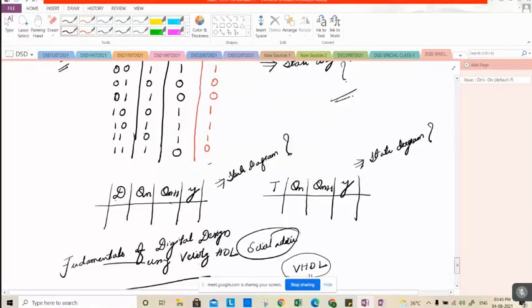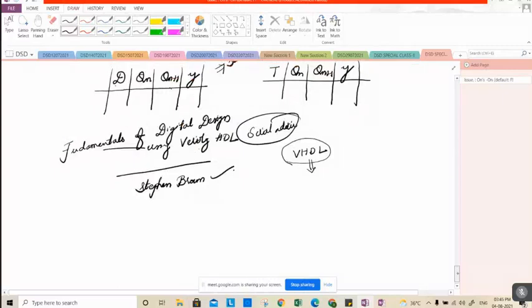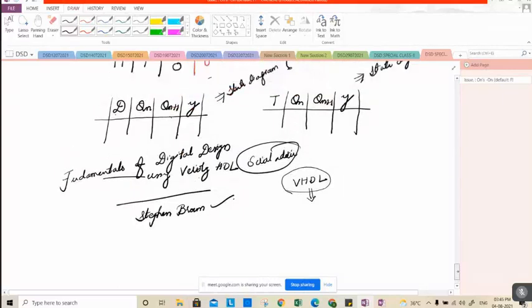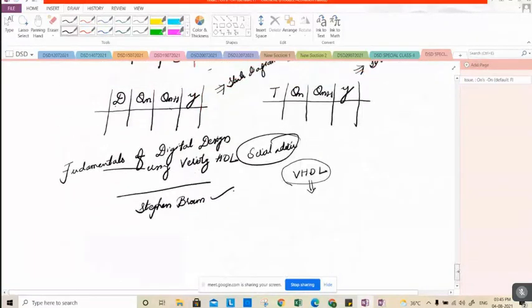VHDL is different, Verilog is different. Both are different, and the syntax and all things are different.